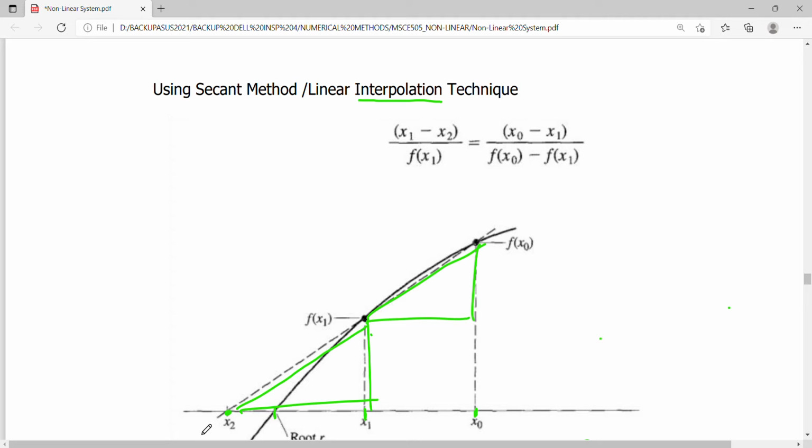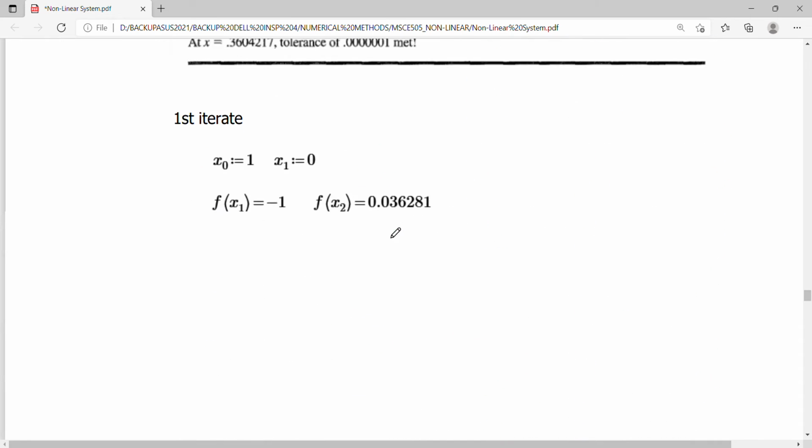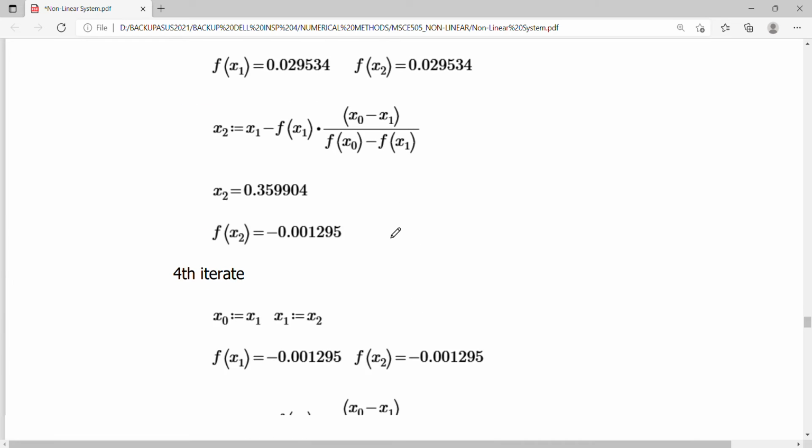No? So if the two guess values are outside the root, no problem with the second method or the linear interpolation method. So it is true with Newton's method.